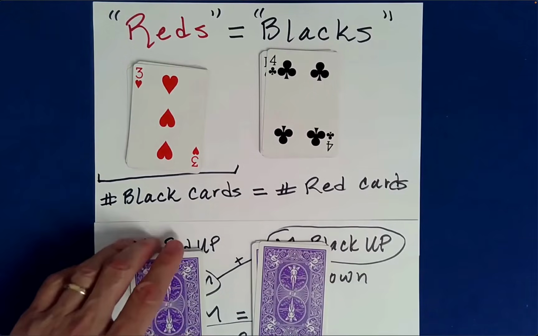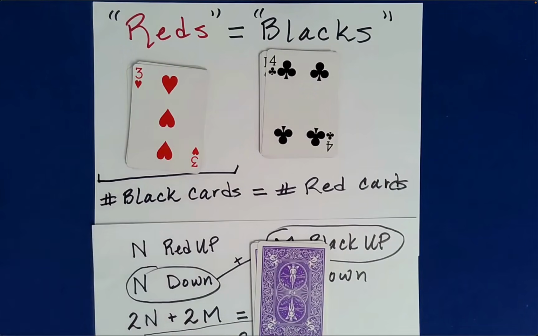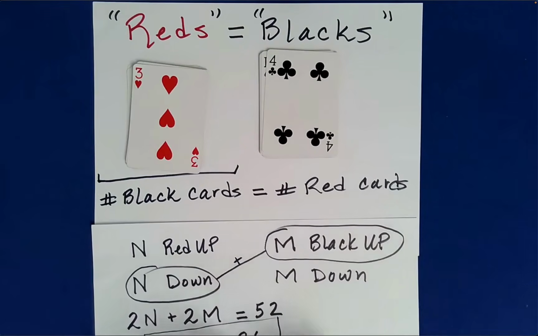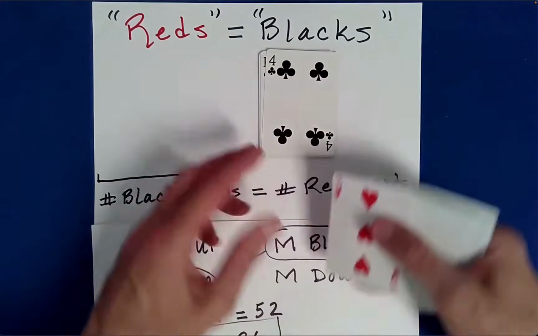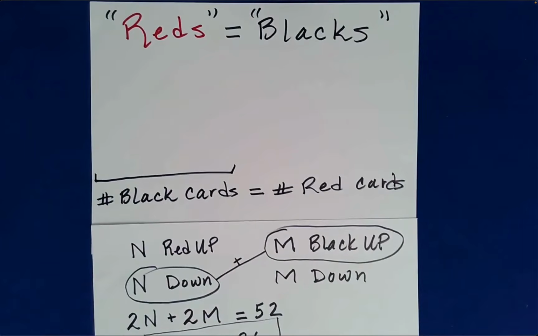Okay, well, anyway, that is the principle explained for why there would be the same number of red cards in the one pile where you've dealt out one for one, a card for each red up-facing card, as the number of black cards in the other pile where you've dealt out one for one, a down-facing card for each up-facing black. Okay, very good.